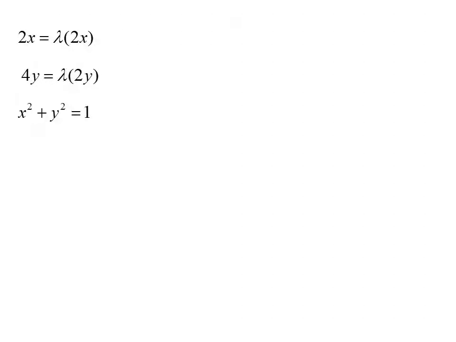Although this could be pretty easily solved with a TI-89, I'll go through the hand technique and show you about solving this. If we take the top equation, we can solve for lambda by dividing through by 2x. Well, 2x divided by 2x would be a 1. Also notice that if x is 0, we get 0 equals 0.